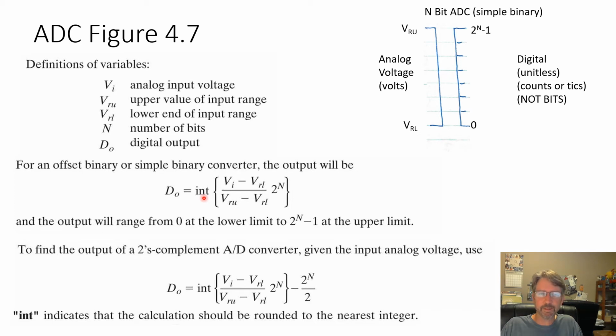Usually it doesn't matter. You have enough bits that you don't care really what happens with that last number. If it does, you should probably get a better analog to digital converter. But you can read in the datasheet whether it rounds off or truncates. There are some 2's complement A to D converters, and they use this formula to go from analog to digital.